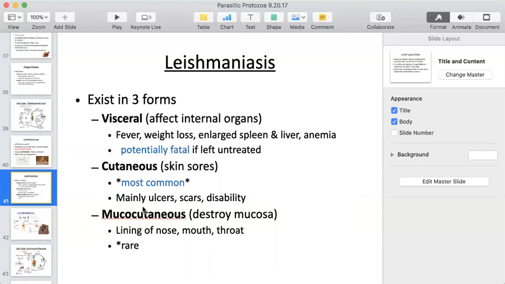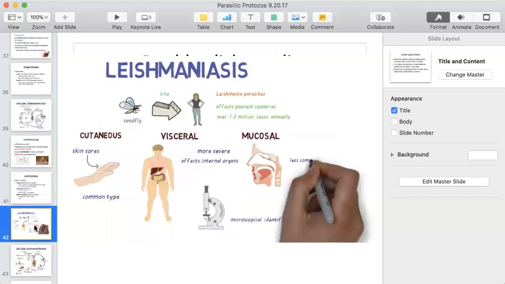So I would like you to be able to understand the disease that's caused by infection with Leishmania species, which is transmitted by that phlebotomine sandfly. Leishmaniasis can exist in those 3 forms. Again, we have that visceral form, which is the most potentially harmful form of leishmaniasis.